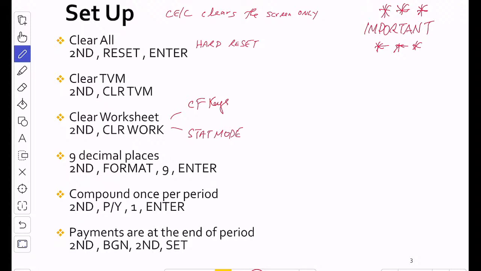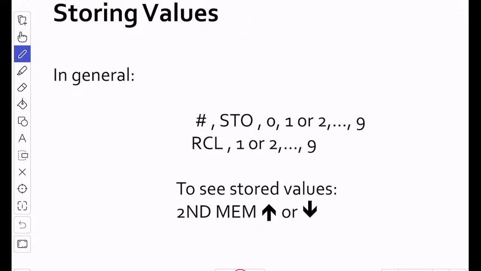But there's also the worksheet of your memory. So there are 10 memory slots on this calculator. And to store values in these memory slots, you use the keys number, STO.